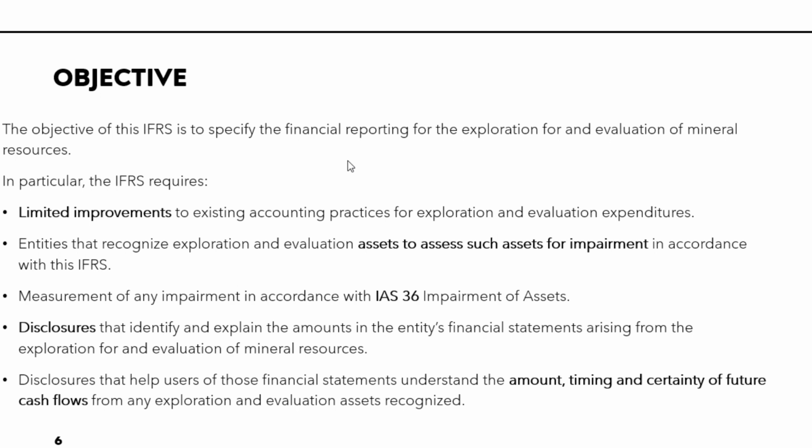IFRS 6 requires companies to make limited improvements to their existing accounting practices, test exploration assets for impairment, measure impairment using IAS 36, and provide proper disclosures. These disclosures help users understand how much money was spent, when the future benefits will come, and how uncertain those benefits are.